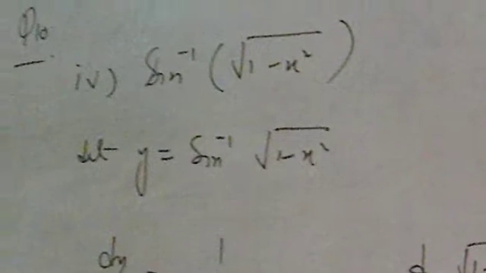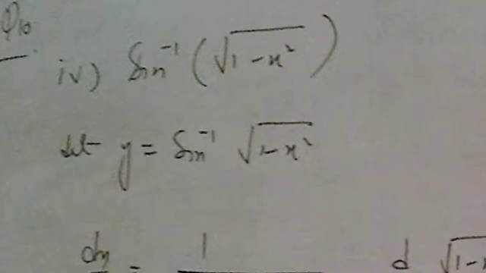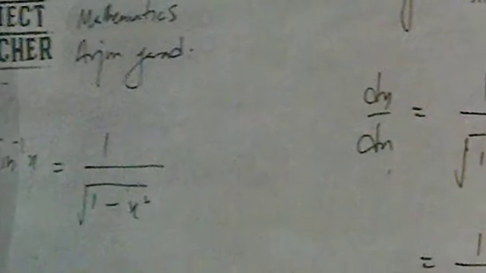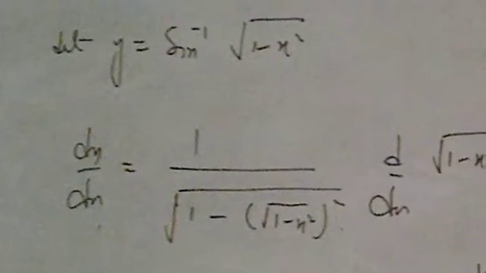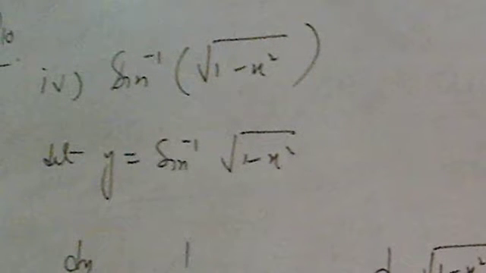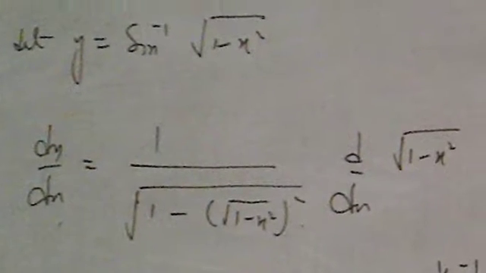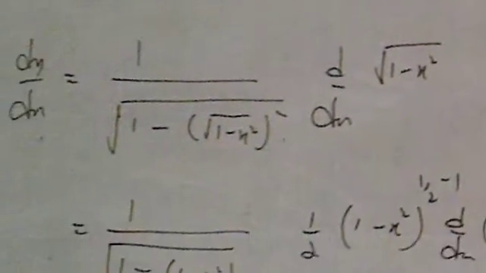Now here we have sine inverse of the square root of 1 minus x square. The derivative of sine inverse is 1 over the square root of 1 minus x square, so we put the square root of 1 minus x square in place of x, and then take the derivative of the angle.